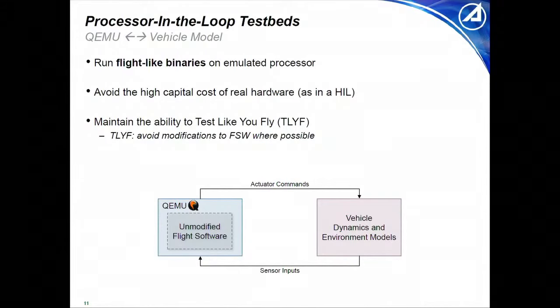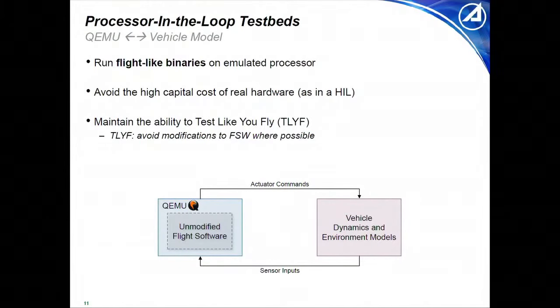With an emulated processor in the loop testbed, you get this really big capability, which is you can run flight-like binaries on the emulated processor. So you don't need to do any surgery on the software in order to adapt it for a commercial x86 machine. But you do avoid the high capital cost of real hardware, similar to the way that I think the Leon 3 was instantiated on an FPGA with the APL presentation.